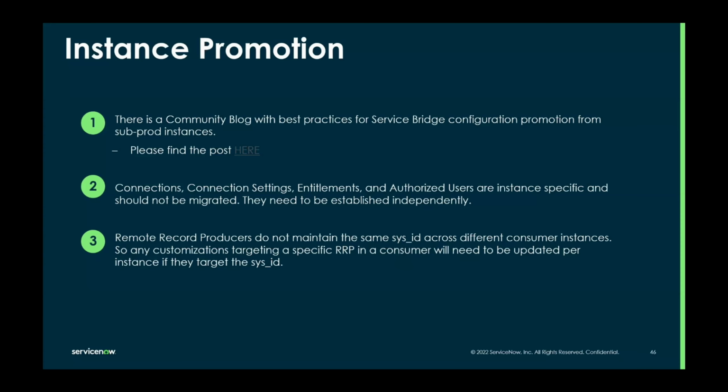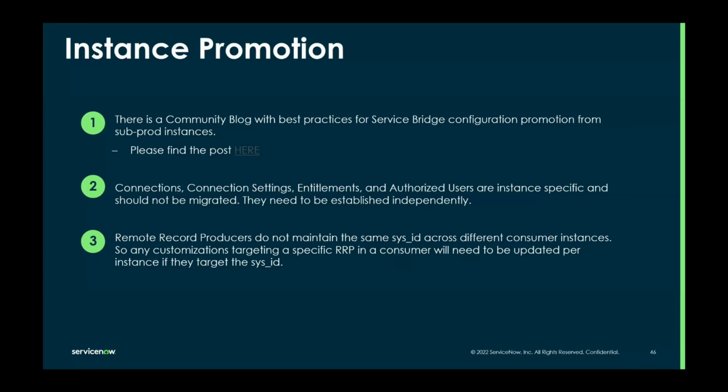If you perform your configuration, as a provider, of remote tasks and definitions and remote record providers and so on, that information will be able to be moved in traditional update set manners. But the connection itself is not going to be. So you would configure in a dev instance, you move over all of your information, the provider record, remote task definitions, if you have any transforms, any remote choices, and so on.